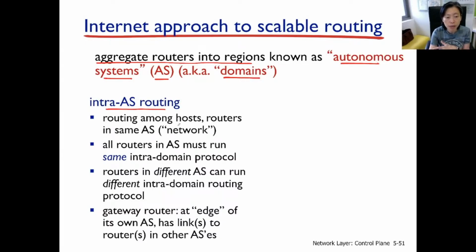So you see here, it's the routing protocol running among all the hosts and routers in the same AS. All routers in the same AS will need to run the same intra-AS protocol. Now, routers belonging to different ASs can then run different intra-AS protocol. That is an independent, autonomous choice of the network admins individually.